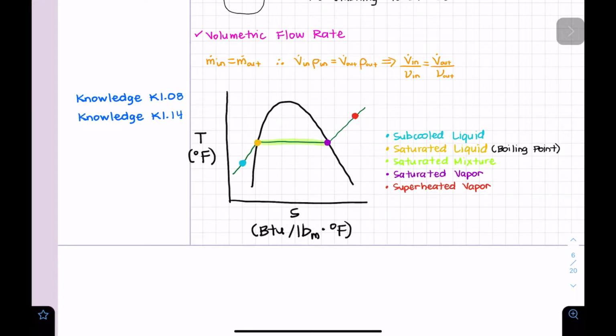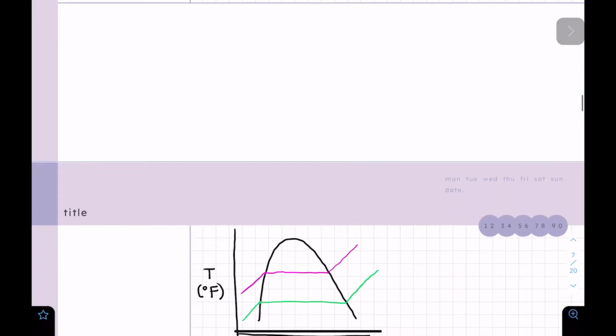Then we can convert all this liquid 100% into vapor, steam, or whatever, and that's this point, called saturated vapor. If we continue adding heat, there's a point where we superheat our vapor, and that's what we call superheated vapor. That's how we look at it on our TS diagram.